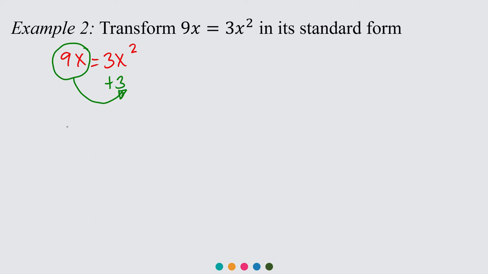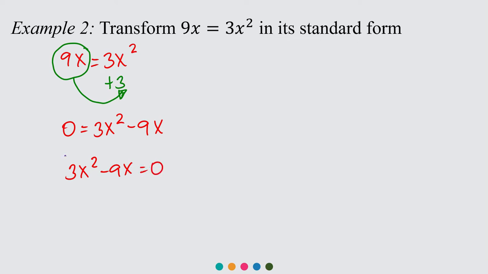So, we have 0 is equal to 3x squared minus 9x. Okay, since wala naman tayong nakikitang constant, pwede nyo nang pagbaligtarin yung sides natin ng equation. So, we have 3x squared minus 9x is equal to 0.